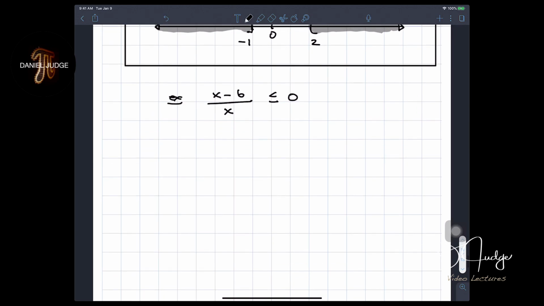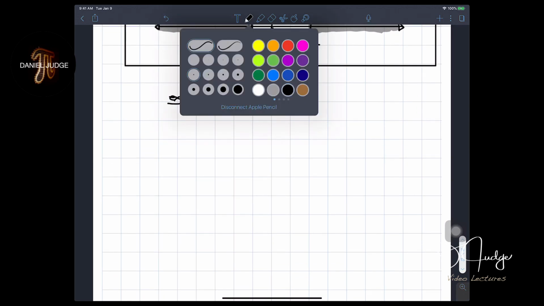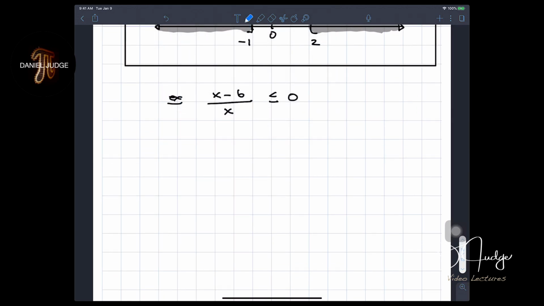So we're going to go through our procedure. Remember, you can go straight to something like this. We need to find where the fraction equals 0. Well, we know that happens when the numerator is 0, so x minus 6 has to be 0. We need where the fraction is undefined. And you say, oh, I know that happens when the denominator is 0.